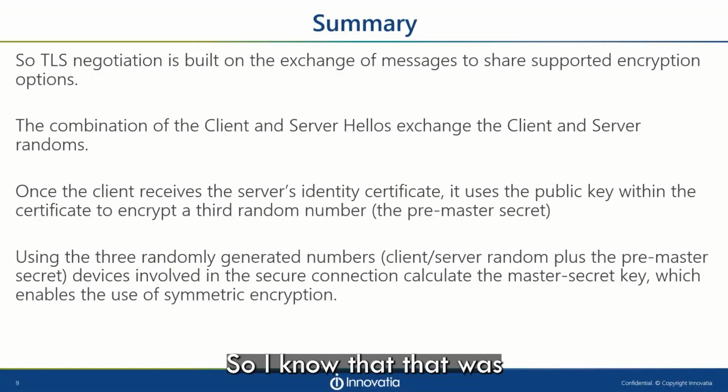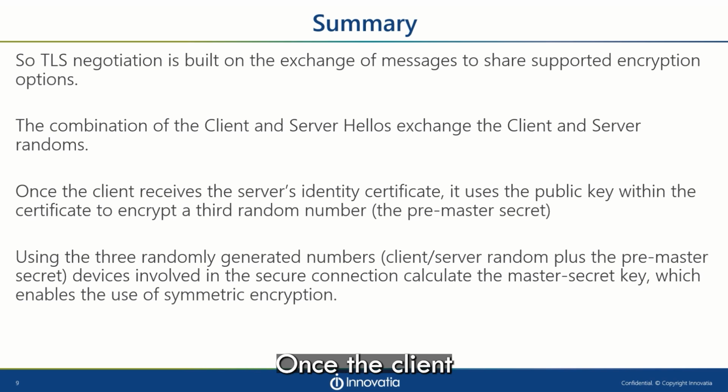Okay, so I know that that was a lot of information, so I'll try and boil this down just a little bit more. TLS negotiation is built on the exchange of messages to share supported encryption options. The combination of the client and server hellos will be used to exchange the client and server randoms.